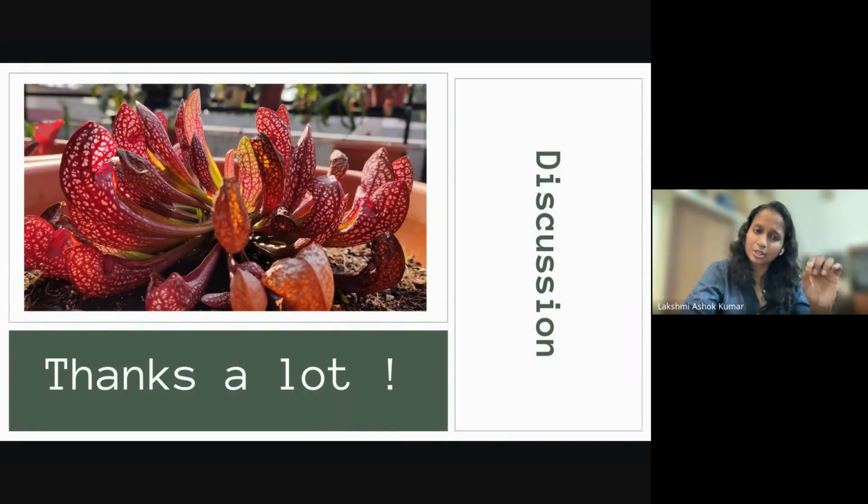I have also seen that mosquitoes don't breed in water where I have grown Utricularia. So it is possible to control mosquito larvae at a very initial stage. If you look into Nepenthes, it is absolutely different.